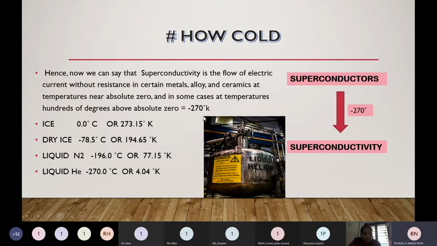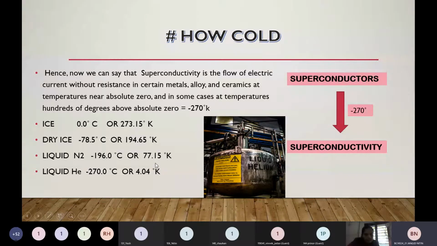If we see, ice is about 273.15 Kelvin, whereas dry ice is about 194.95 Kelvin. Liquid nitrogen is 77.15 Kelvin, and we have to use liquid helium for this experiment, which is 4.04 Kelvin, a very cold temperature.